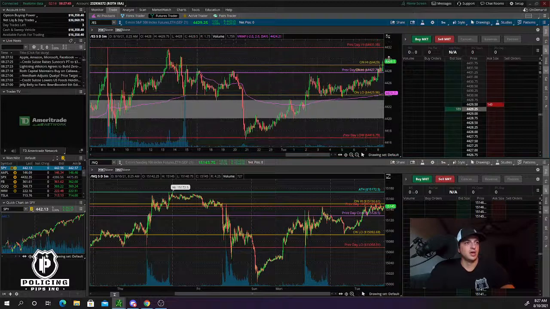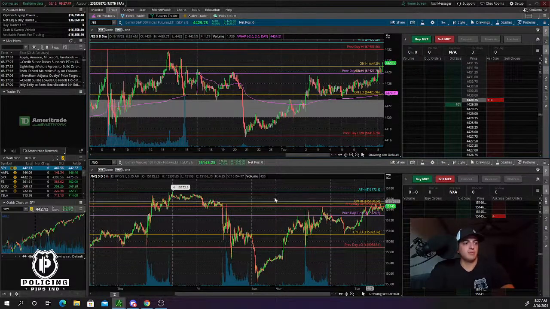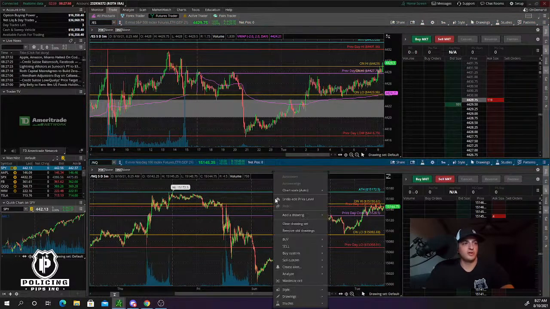So looks like it wants to break up pre-market, so we'll see what happens on the open. Maybe it'll kind of clear that out and pull back down.